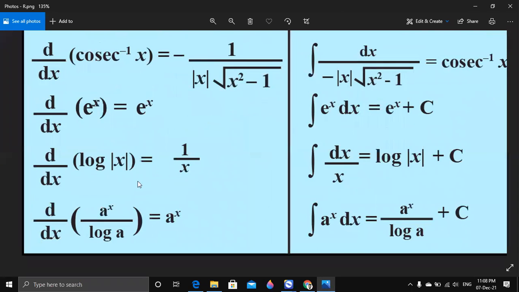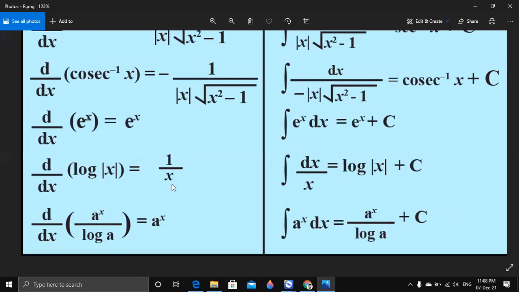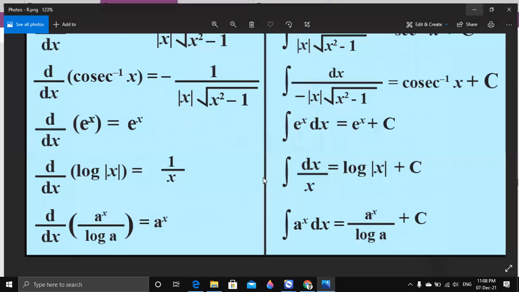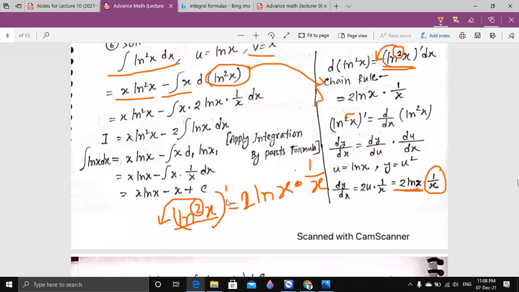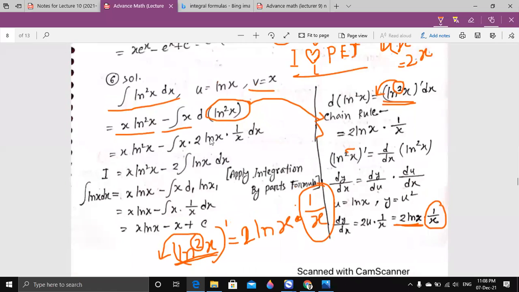So log and ln, they are the same, okay? Because they both are logarithmic functions. Guys, can you see here? Derivative of log x equals 1 by x. So here again, derivative of ln x will be 1 by x. So ultimately we get 2 ln x into 1 by x. So I write here 2 ln x into 1 by x.